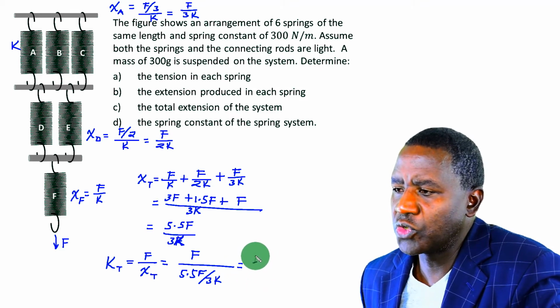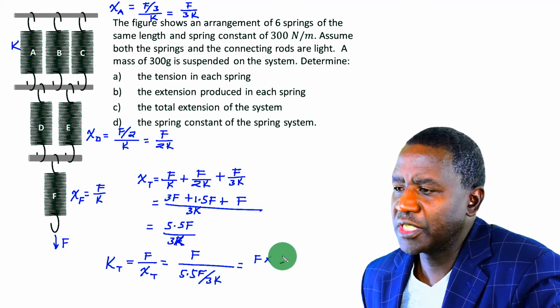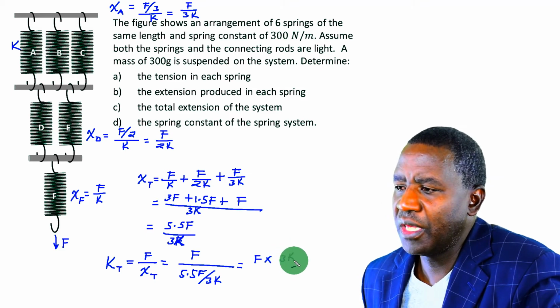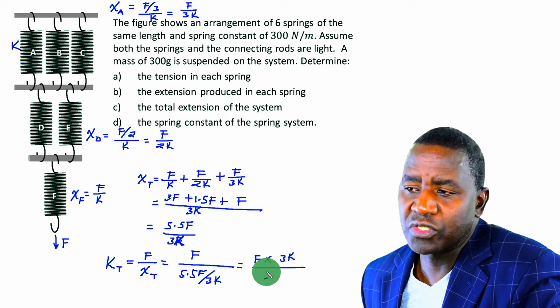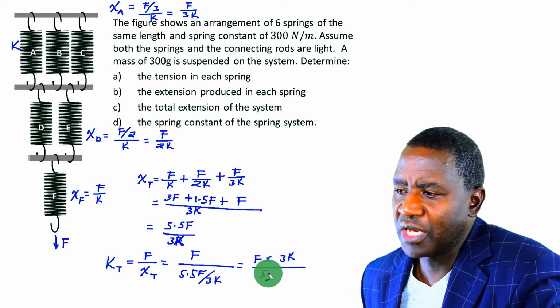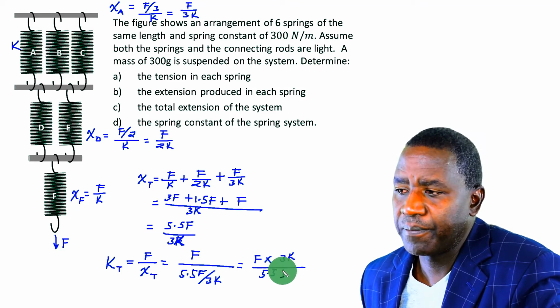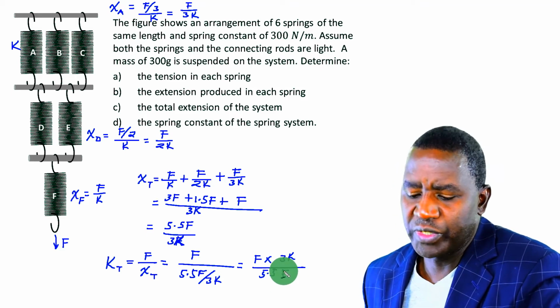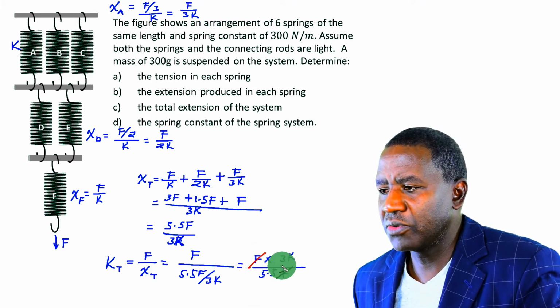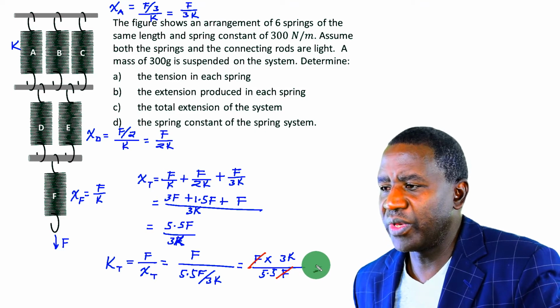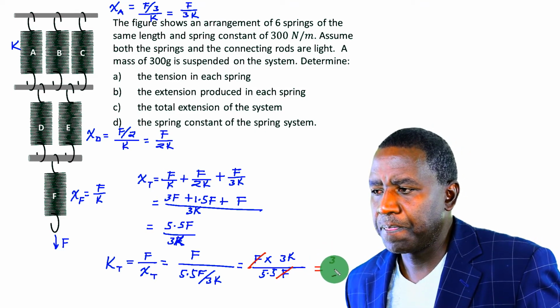This one is going to be equal to F times 3K over 5.5F, because dividing by a fraction is like multiplying by the inverse of that fraction. At this point, we'll be able to see that the F's will cancel out, and I'm remaining with 3 over 5.5 K.